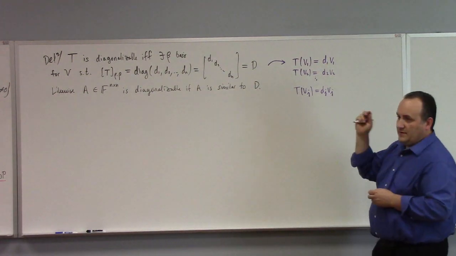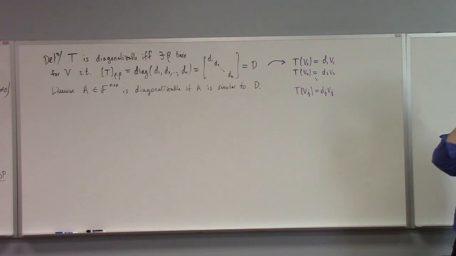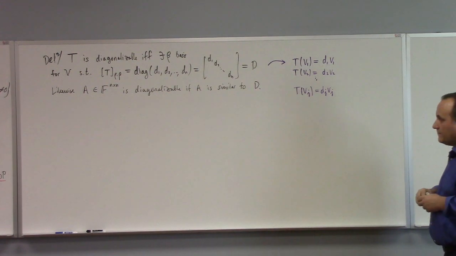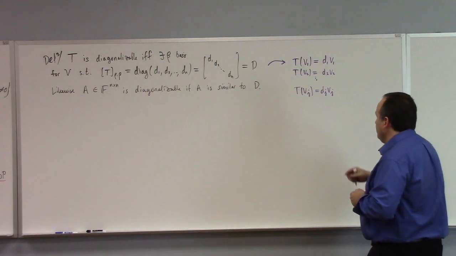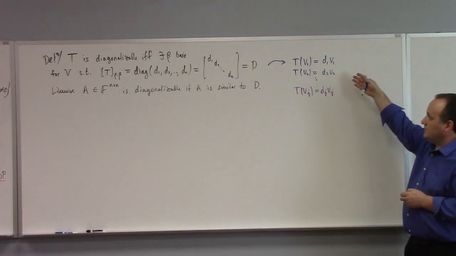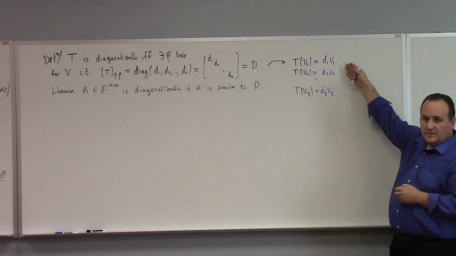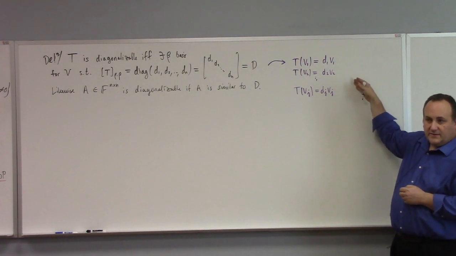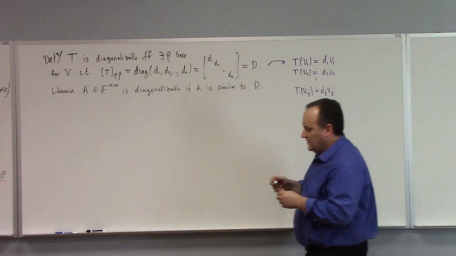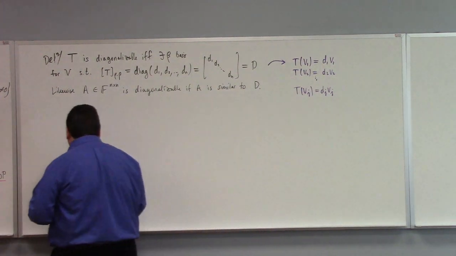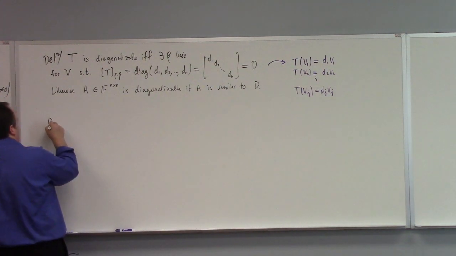Working back through the coordinate map. So maybe you remember from 221 that this is what we want for an eigenvector, right? Let me make the definition though so we can be sure we understand each other. So definition.